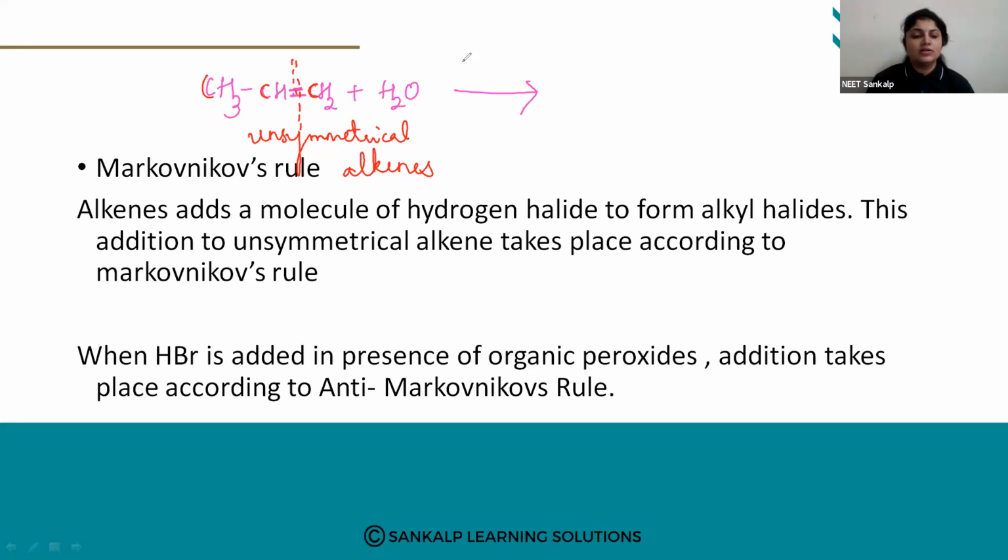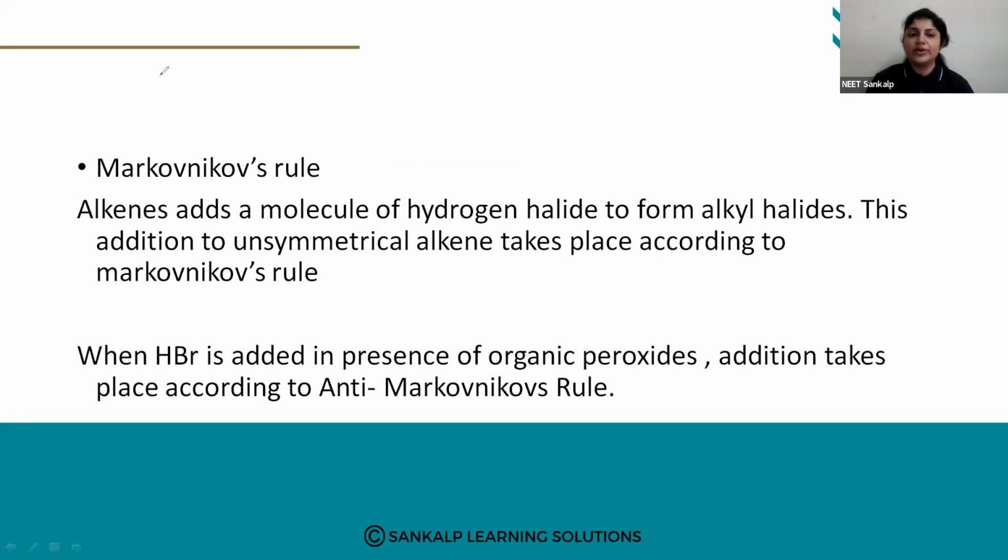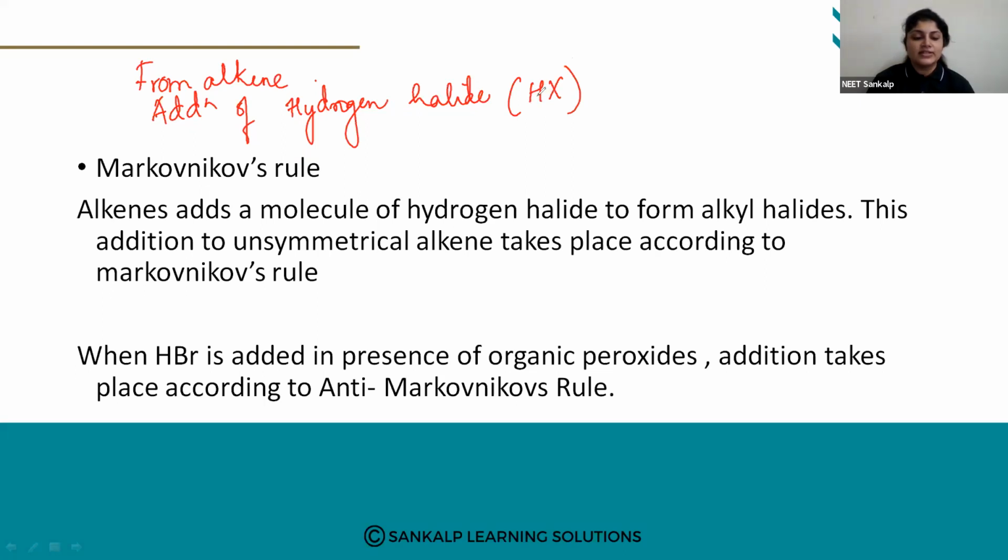So the next preparation we are going to study is from alkene, that is addition of hydrogen halide, HX. Alkenes add a molecule of hydrogen halide to form alkyl halides.